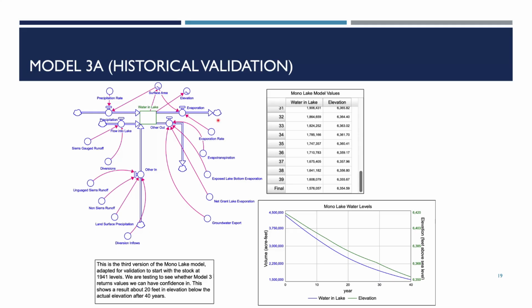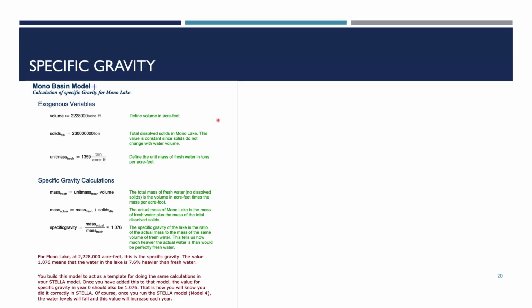So this is the next thing that we're going to do, and this is going to be probably their most complex individual task of the model, is solving that. To do that, we step aside from Stella for a moment, and we go back to a modeling system that they're already familiar with, a static modeling system, just to understand the concept of specific gravity, because we're going to use specific gravity to tie into the evaporation rate.